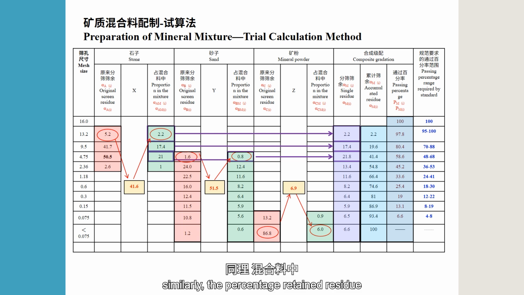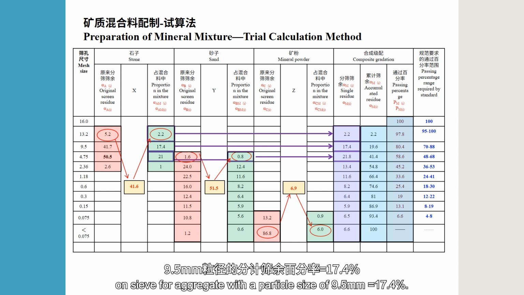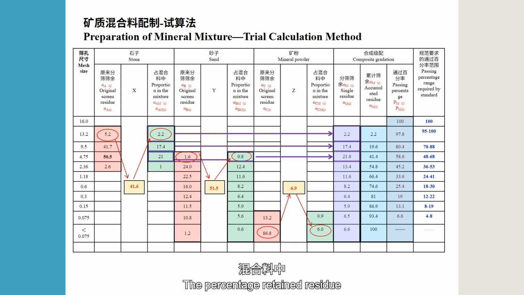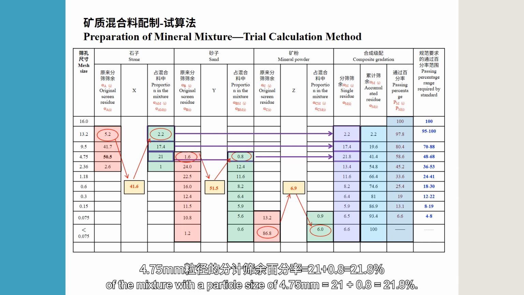Similarly, the percentage retained residue on sieve for aggregate with a particle size of 9.5 millimeters equals 17.4%. The percentage retained residue of the mixture with a particle size of 4.75 millimeters equals 21 plus 0.8 equals 21.8%.